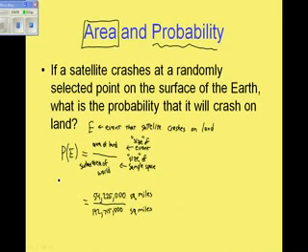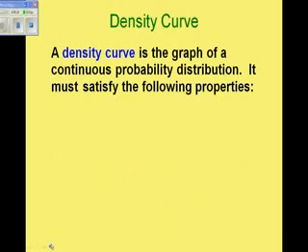That's not the purpose of this course. But if we work out what that equals on a calculator, I got 0.275. Okay? So the probability that it will crash on land, well, 27.5%. And some of you may have learned before that the Earth is 70 or 75% covered with water. Well, yeah, this shows it, right? So we see there is a correspondence between area and probability. That's really the point of this problem.